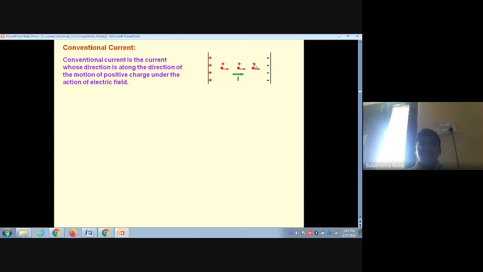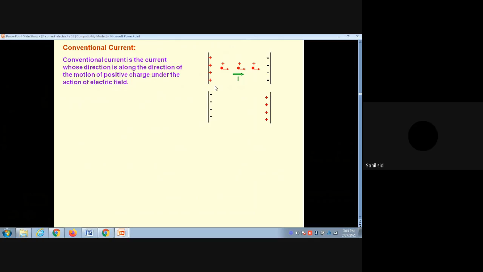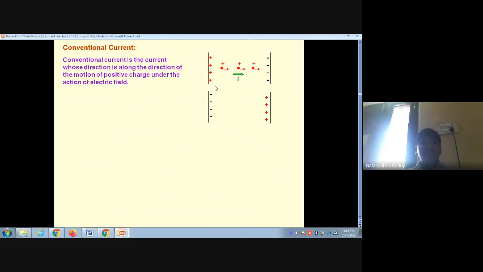Electrons move from negative to positive, while current always moves from positive to negative.